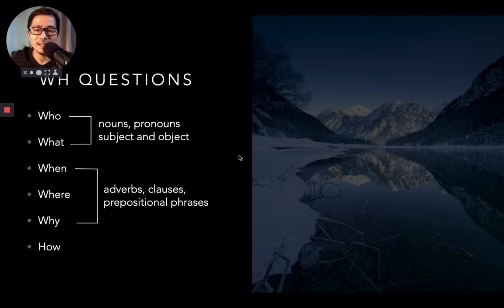Okay, so I put them in the same category because we can use them with adverbs, clauses. When you say clauses, there's a subject and a verb. So a sentence is a clause. And we can also use it with prepositional phrases. Now, you don't need to be confused right now. Just look at this example.